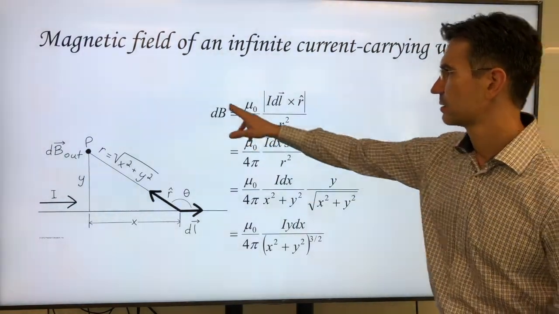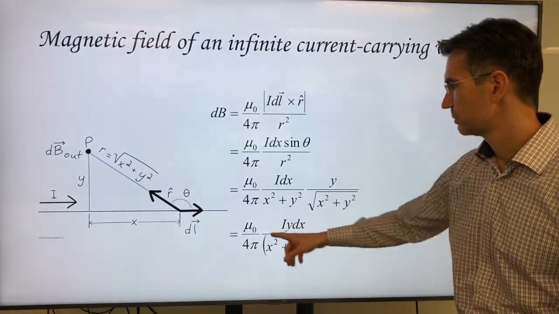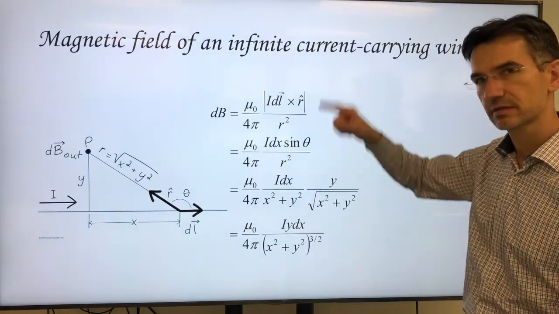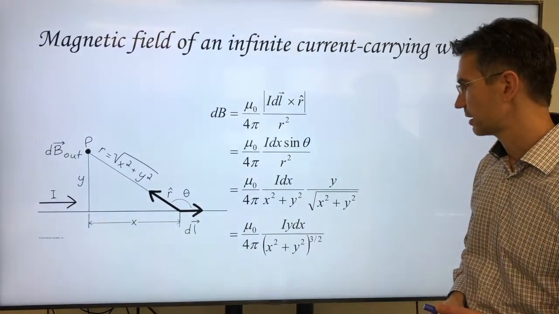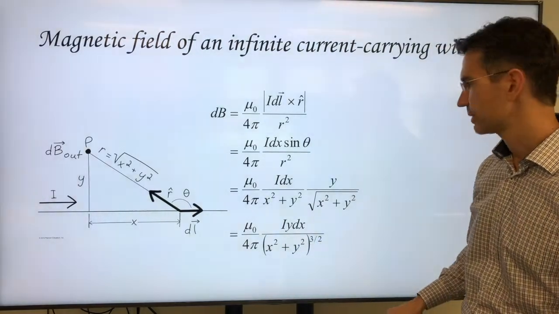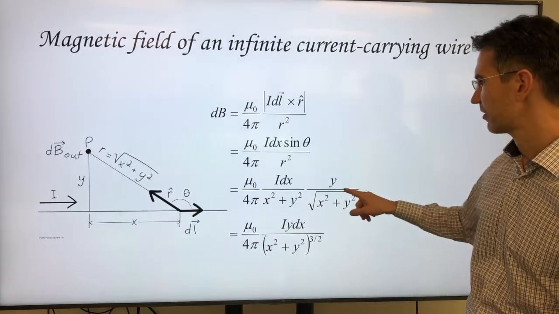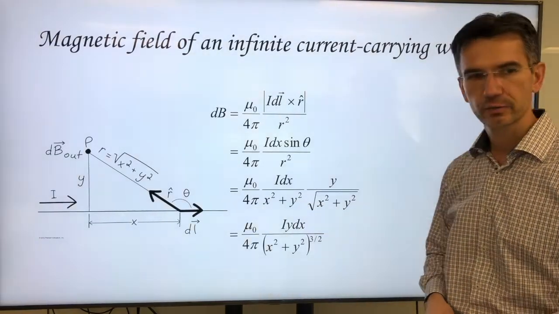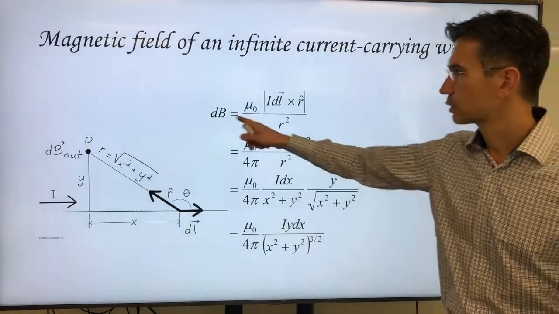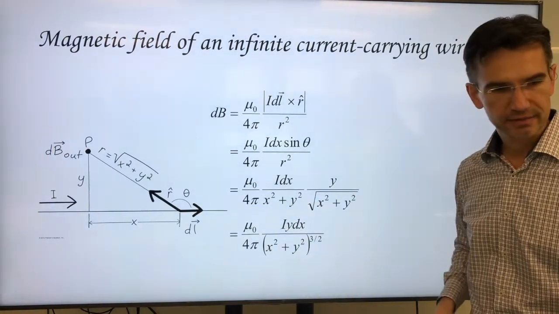So then the magnitude dB due to this current element dl is going to be mu naught over 4 pi, I times y, the distance of P above the wire, times dx over x squared plus y squared to the power 3/2. So then, to get the total magnetic field at P, we integrate this expression over all x.